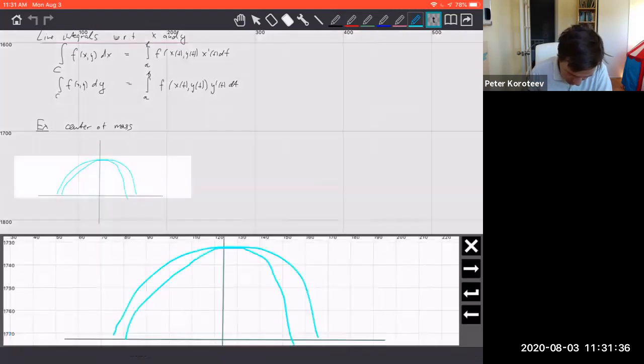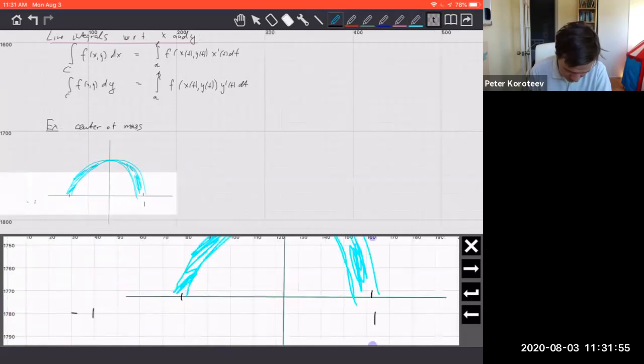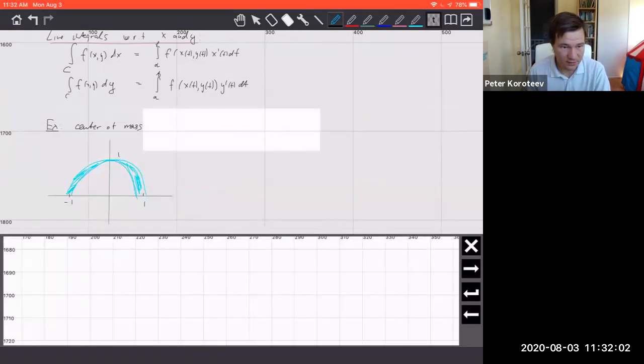The thickness of this thing grows as you go down. It's a solid thing, and it's a unit semicircle.